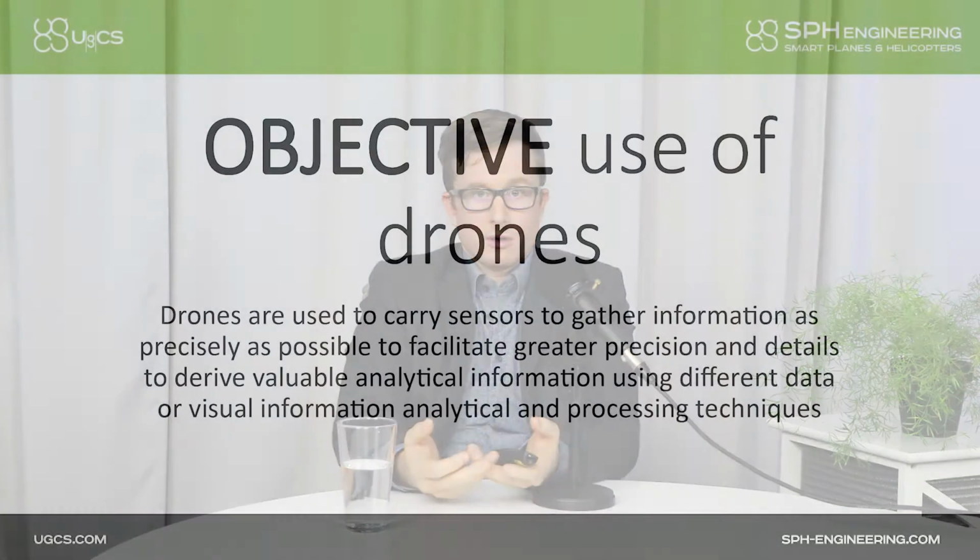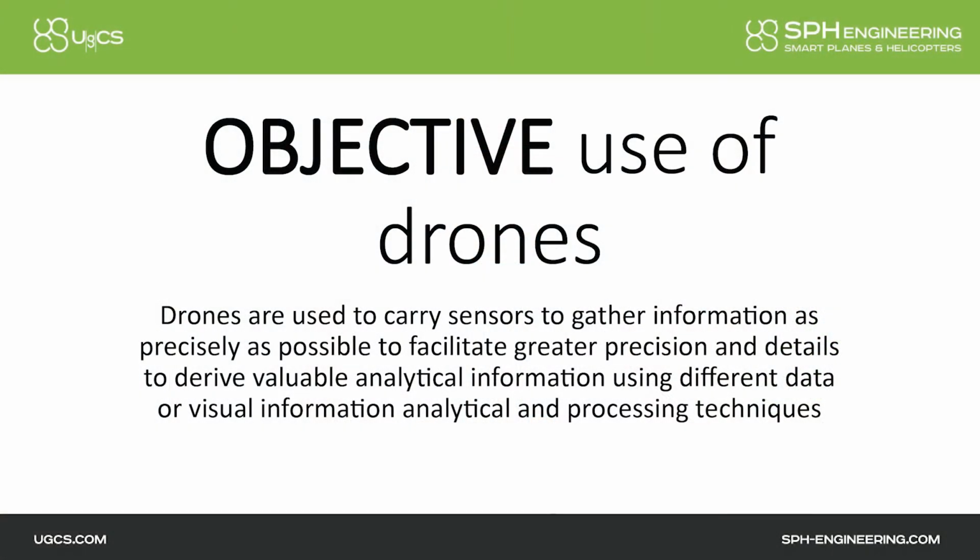That doesn't matter, but the main aspect is that here drone has to fly and gather data as precisely as possible, so that data can be used later to process it and get useful insights from it, be it visual information or inspections, like detecting defects of power lines or pipelines or buildings. That all can be done with different kind of sensors, and that's objective use of drones.